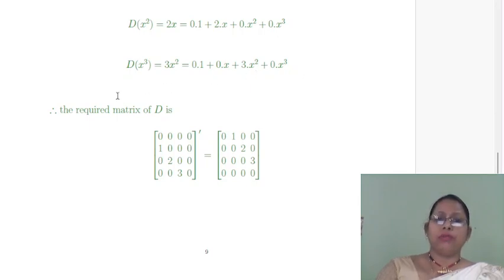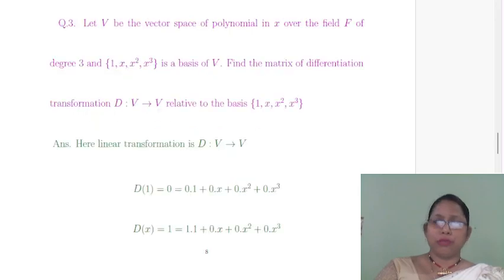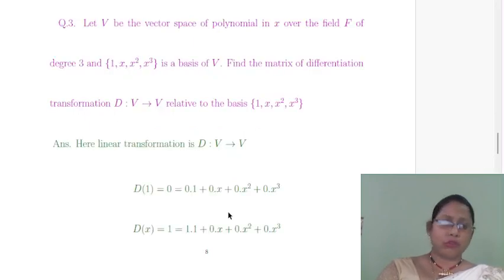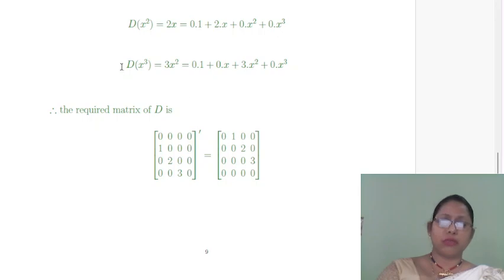Therefore, the required matrix of D with respect to the basis for the polynomials of degree 3, that is this basis, is the transpose of the coefficients of the expressions for the differentiation of 1, x, x square and x cube.